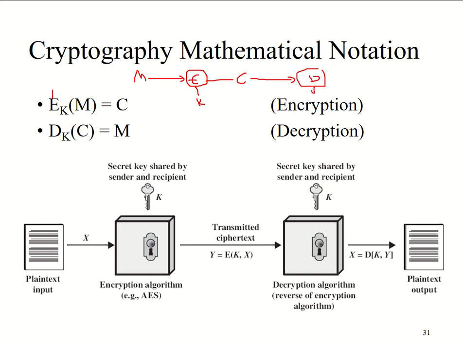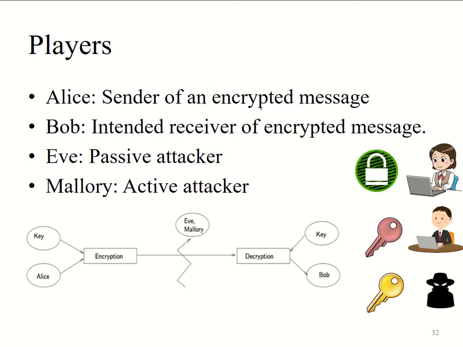The decryption algorithm will use the key to produce what? The plain text. So it should be the same plain text. This is a mathematical function, and it's depicted here in the diagram. I drew it here, so it's a very simple way to understand that. Now, if Alice wants to send a message, you need the encryption algorithm, you need the key, you need the message. So put them here in the encryption algorithm, and it will become ciphertext.